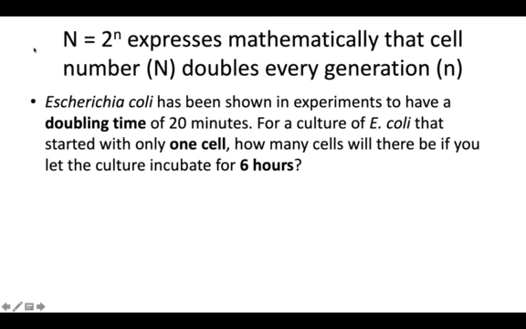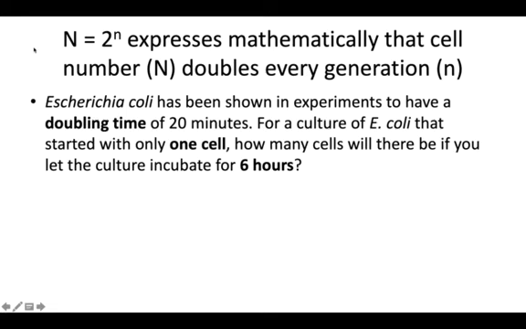So finally, we can figure out the number of bacteria that are in a population if we know the number of generations. So for example, let's say we have one cell. I'll read this out. Escherichia coli has been shown in experiments to have a doubling time of 20 minutes.